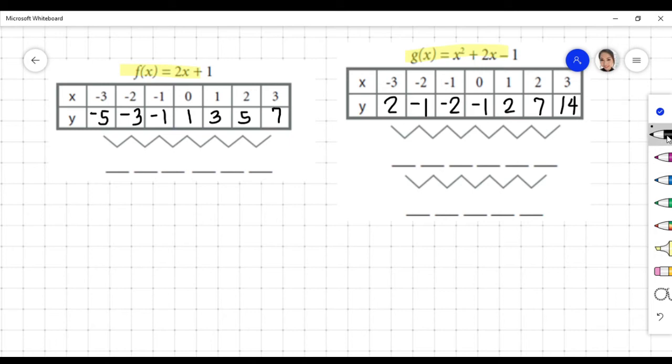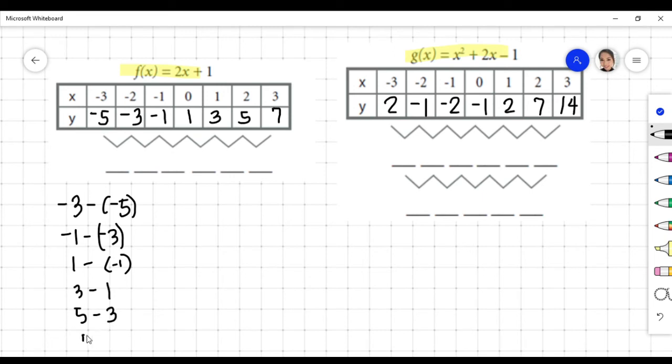So if we do that, we have here -3 minus -5, and we have -1 minus -3. We also have 1 minus -1, and 3 minus 1, 5 minus 3, and 7 minus 5.